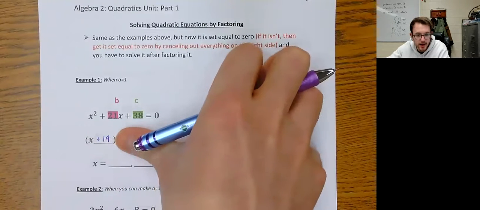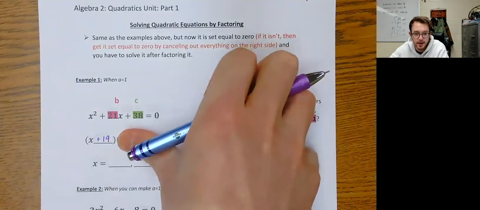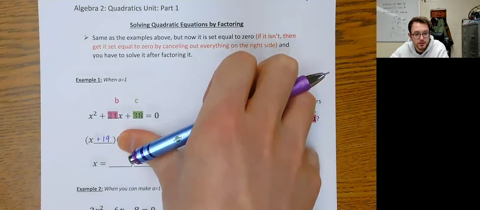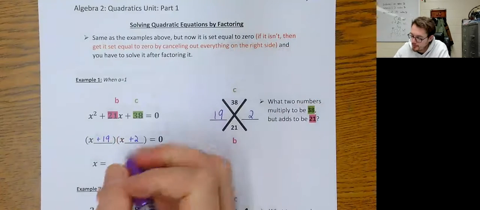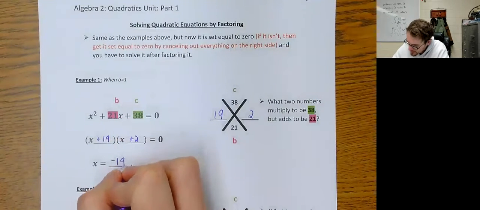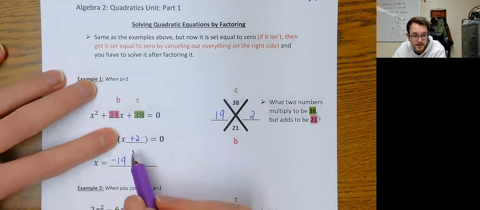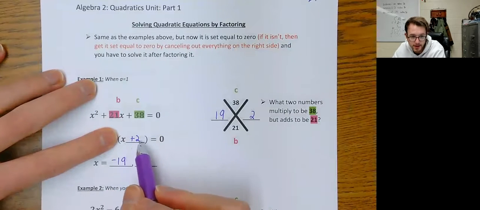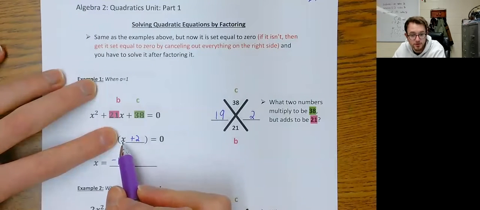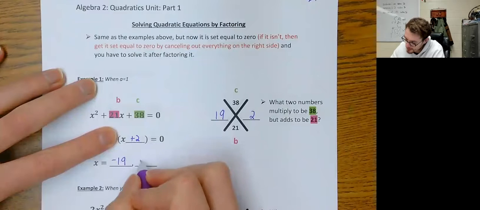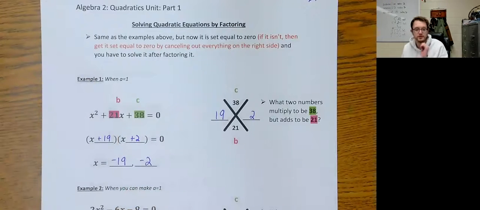So what x value do I plug in to make that 0? Negative 19. What x value do I plug into this one to make 0? Negative 2, right? Negative 2 plus 2 is 0. Those are my answers. Those are my solutions.